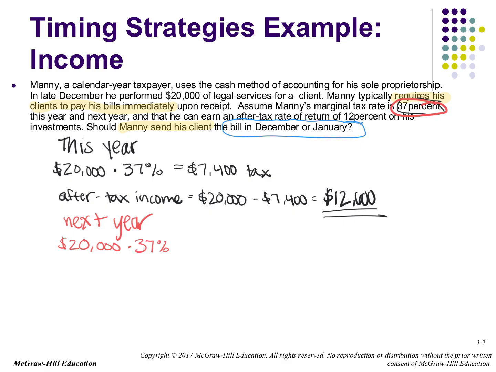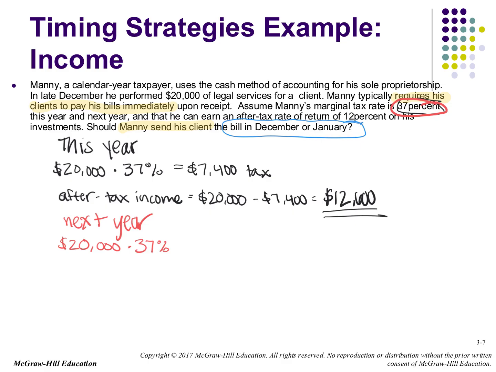The way we can do that, an important fact to note from the fact pattern, is that it mentions that Manny's after-tax rate of return is 12%, so that'll help us read the present value table. If we go to our present value table, we will want to find the value that intersects for the row for year 1 and the column for 12%.